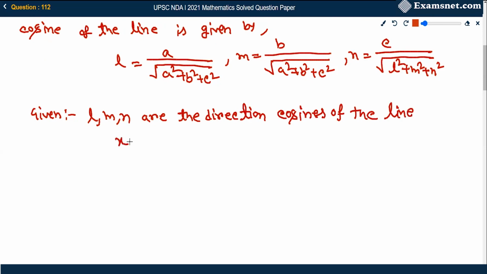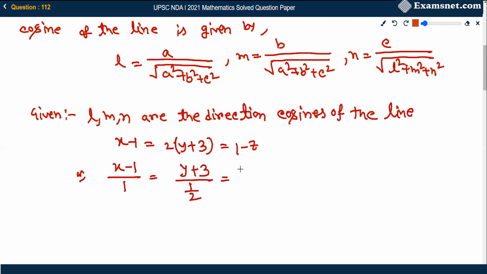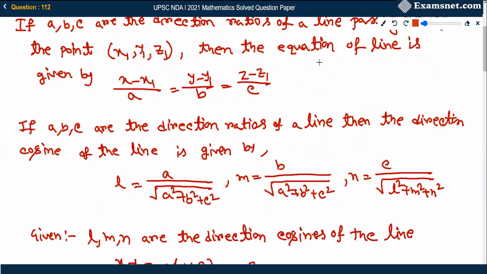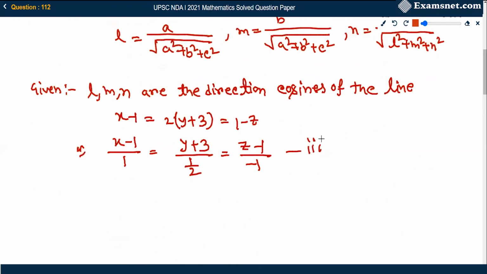This equation can be rewritten as x minus 1 by 1, or y plus 3 by half, or z minus 1 by minus 1. We also can write it in this way. Now let's name these 1 and 2, and this equation as 3.